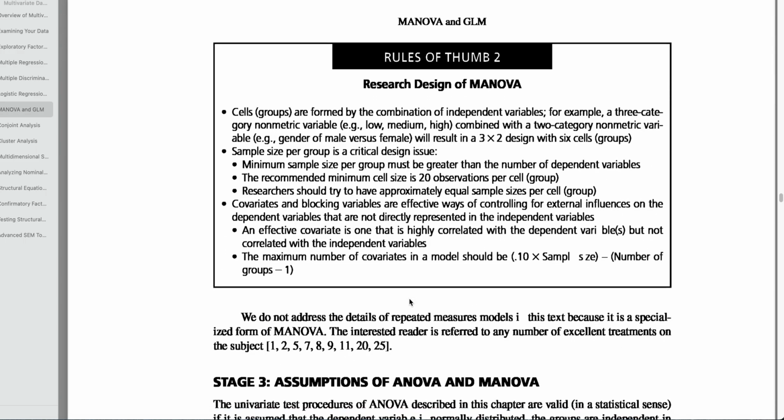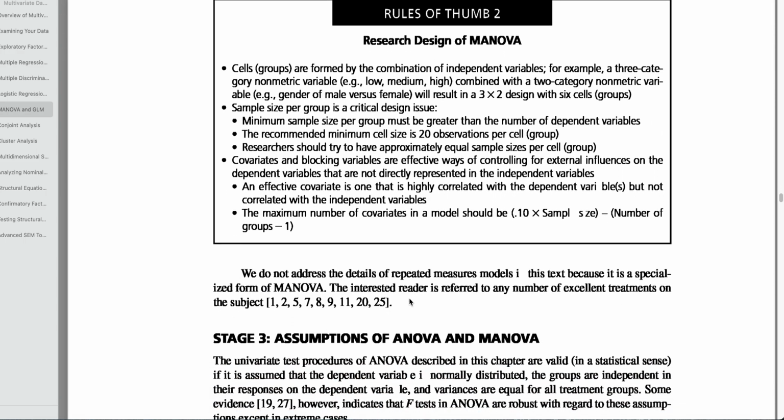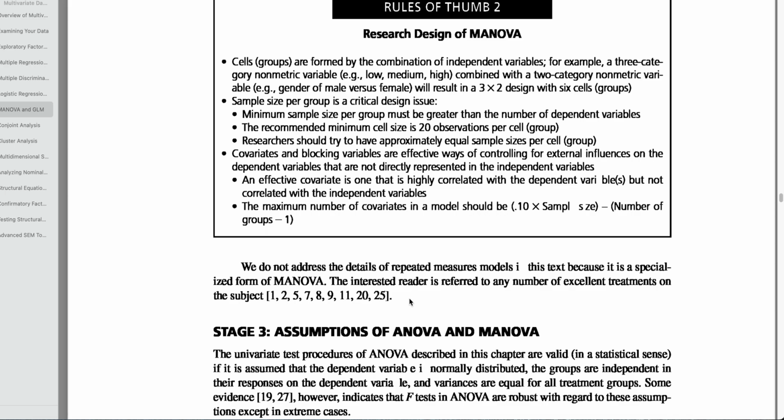This is a rule of thumb of research design for MANOVA. Cell groups are formed by the combination of independent variables. For example, a three-category non-metric variable, that is low, medium, high, combined with a two-category non-metric variable, that is gender, male versus female, will result in a 3 by 2 design with 6 cell groups.